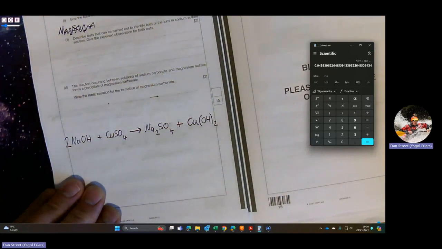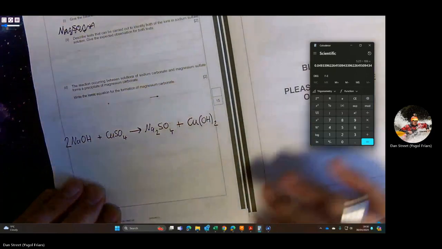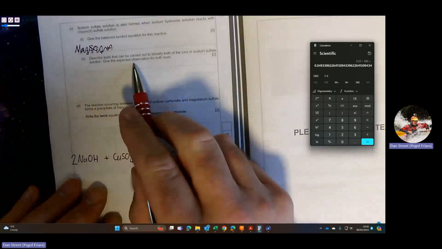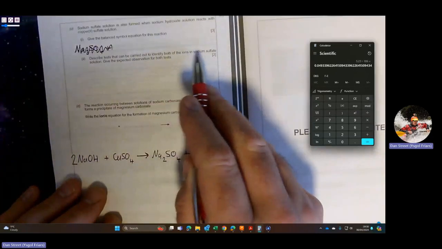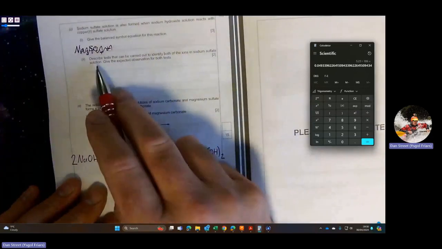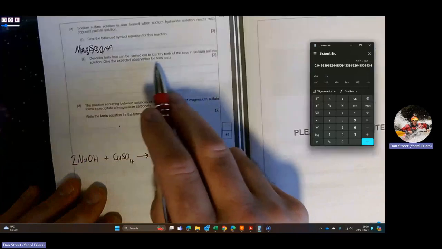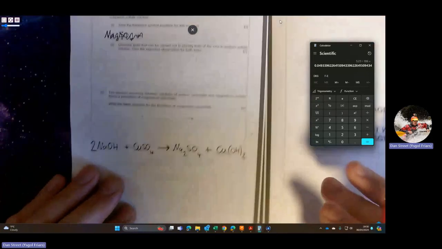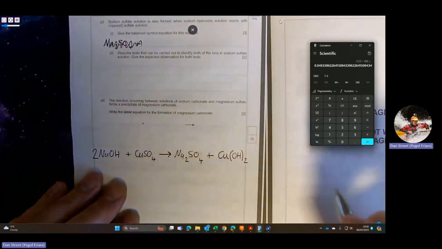Let's move on to the next question. It says, describe tests that can be carried out to identify both ions in sodium sulfate solution. Give expected observations for both tests. When we're trying to identify metals, invariably we're talking about flame tests.